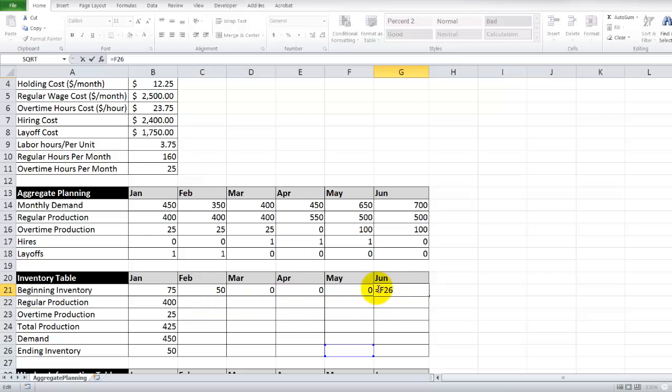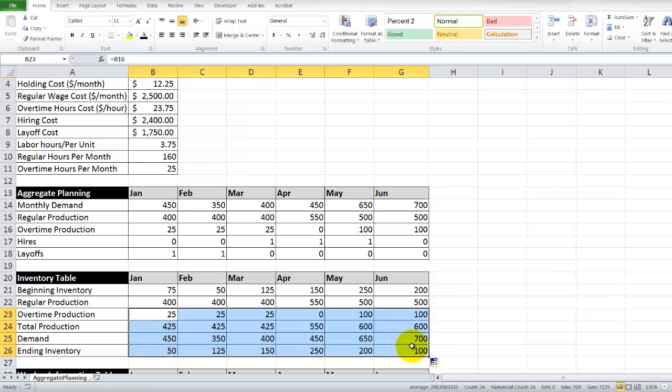The beginning inventory of June will be based on the inventory level at the end of May. Similarly, these references are only referencing the aggregate plan above, or the production plan, so I can fill the remainder to the right. It's just this first one about beginning inventory and the beginning of the inventory next month that is slightly different.